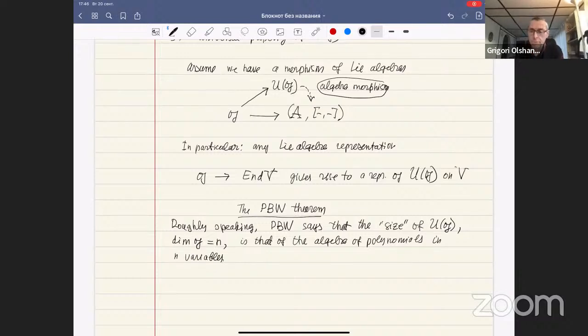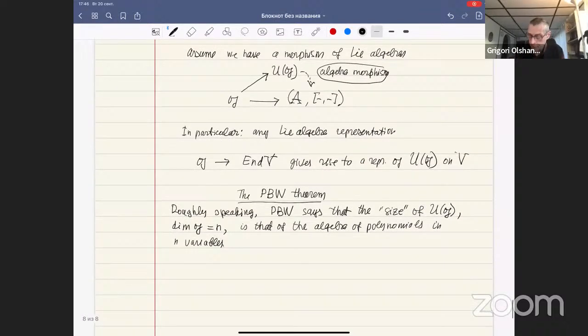This is a difficult theorem, but actually there is a simple proof for GL_n.